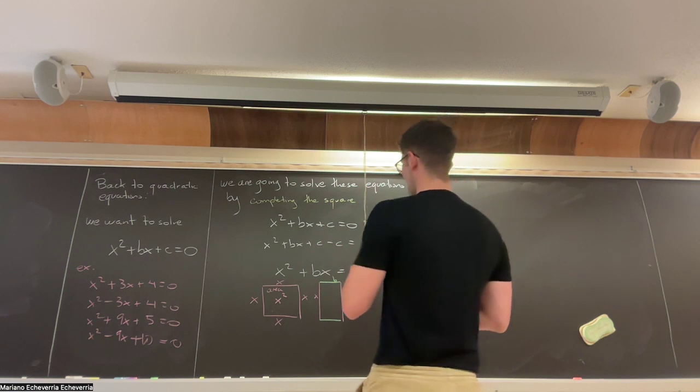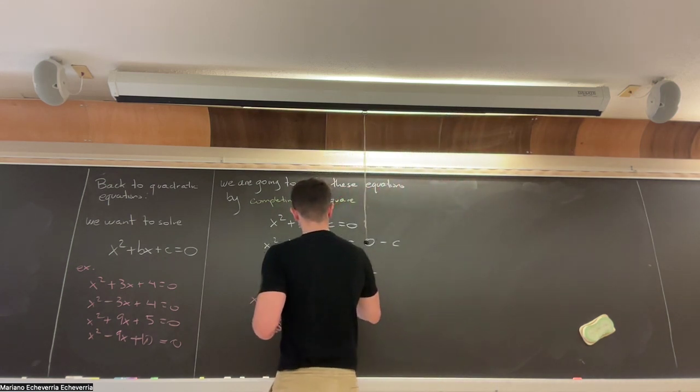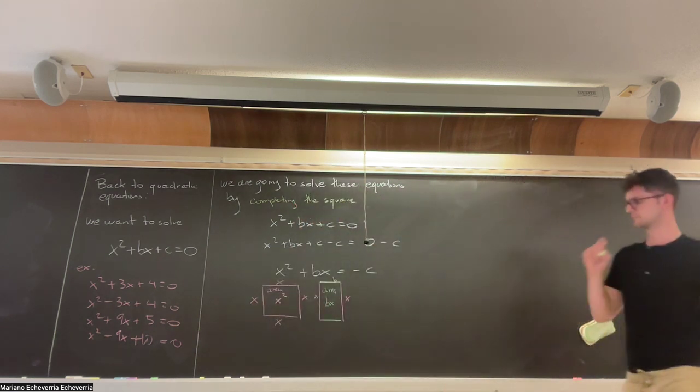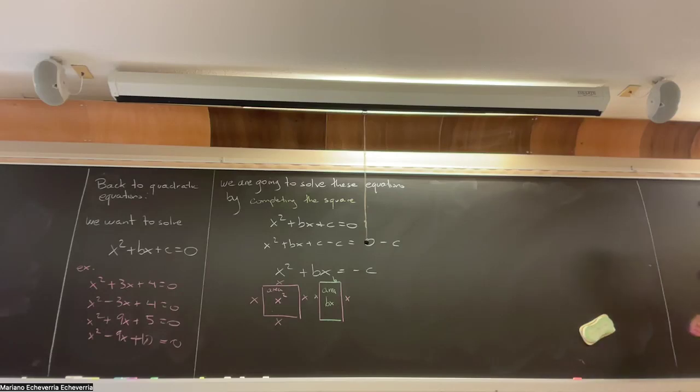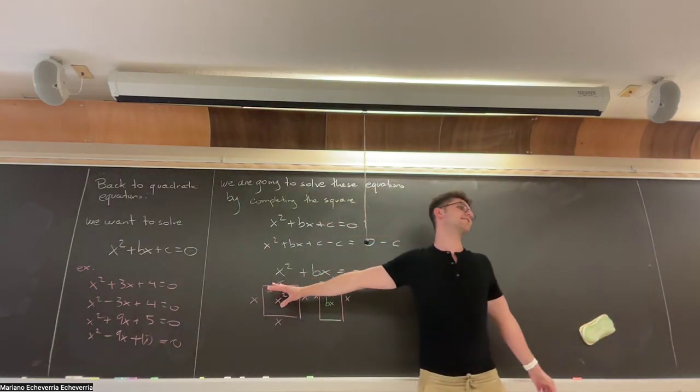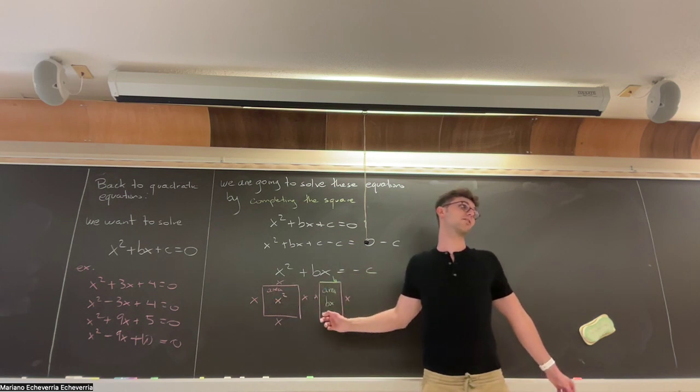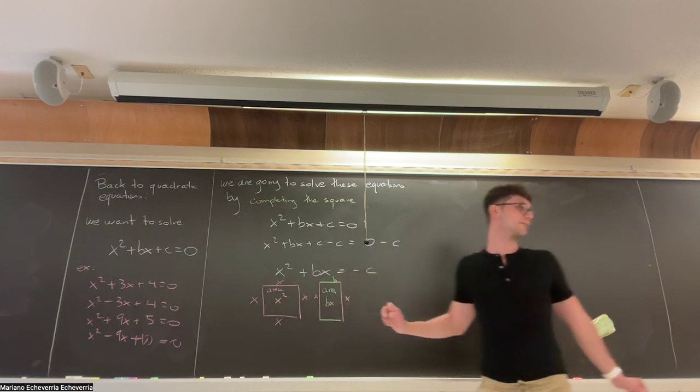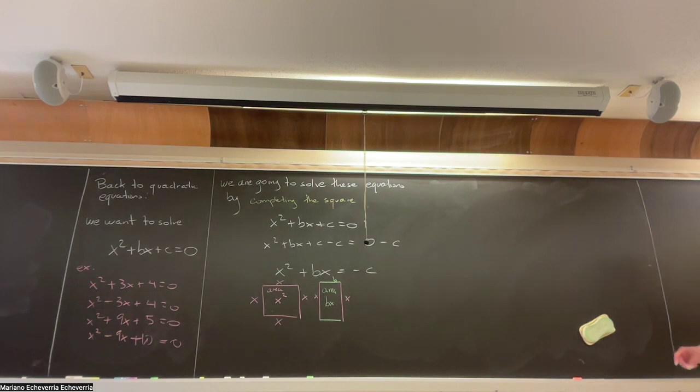So this rectangle has area b times x. On the left hand side, I have a square of area x squared and a rectangle of area b times x. So far so good.